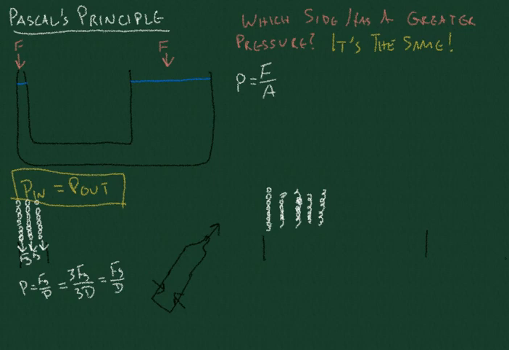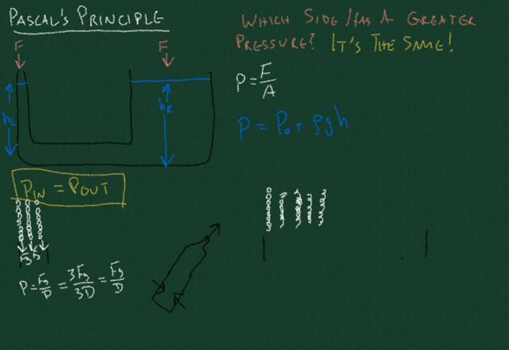And so what does this mean? We can see that from Pascal's law, we know that the pressure is equal to P0 plus rho g h. So it's also telling us that the height on the left is equal to the height of the water on the right.